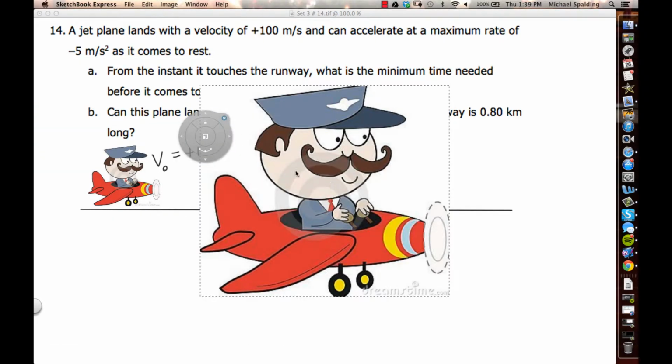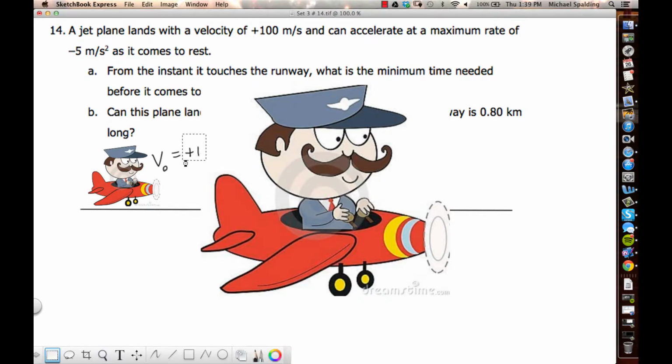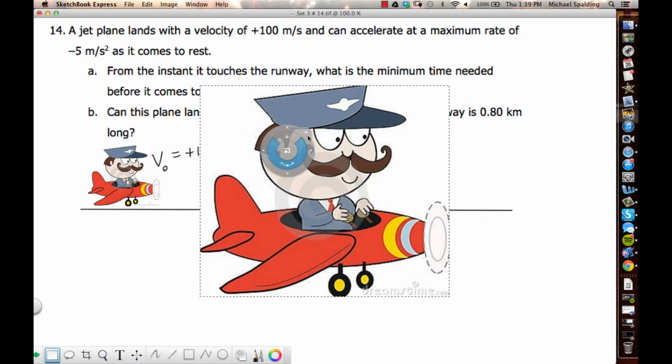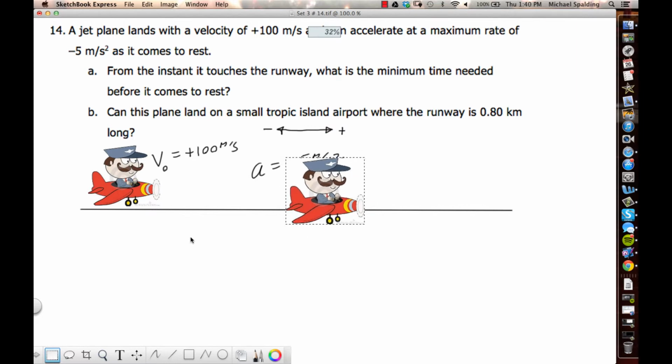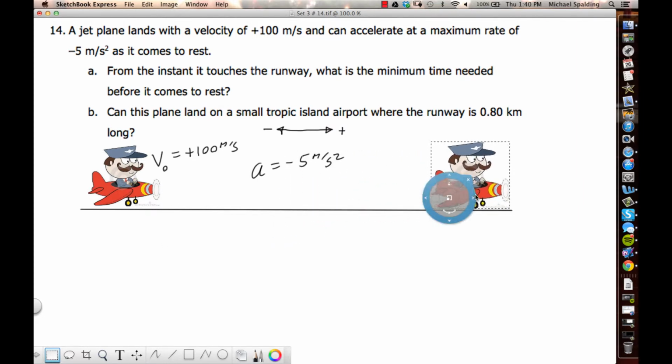Shrink this guy down, move him over. Okay, so here he is, final, when he stops. So over here we got V final. What's his V final? Right here where it says comes to rest. V final is 0.